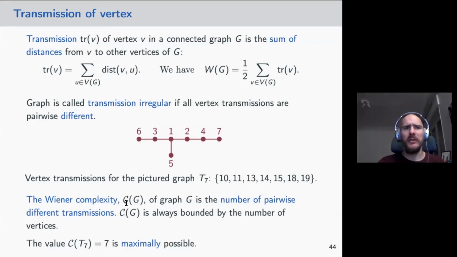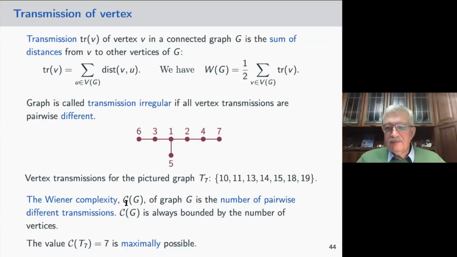This I don't know, but people consider it for different classes of graphs, because this is just a tree. I just mention that the maximally possible value is the number of vertices. For this graph with 7 vertices, its complexity is equal to 7. So for each vertex, you have different values.